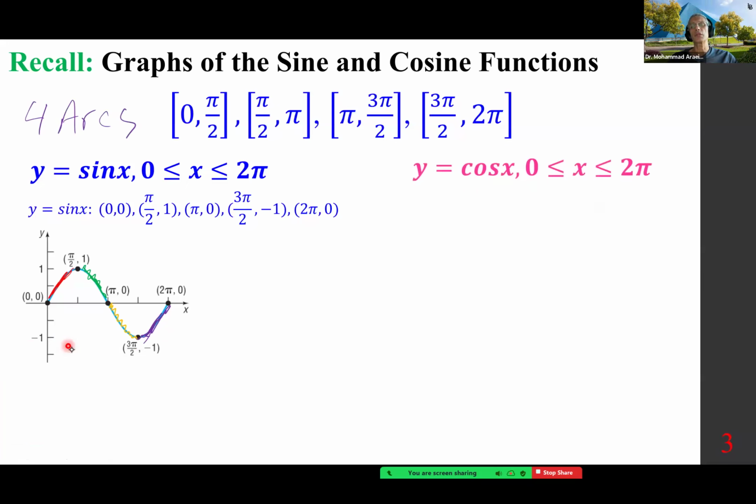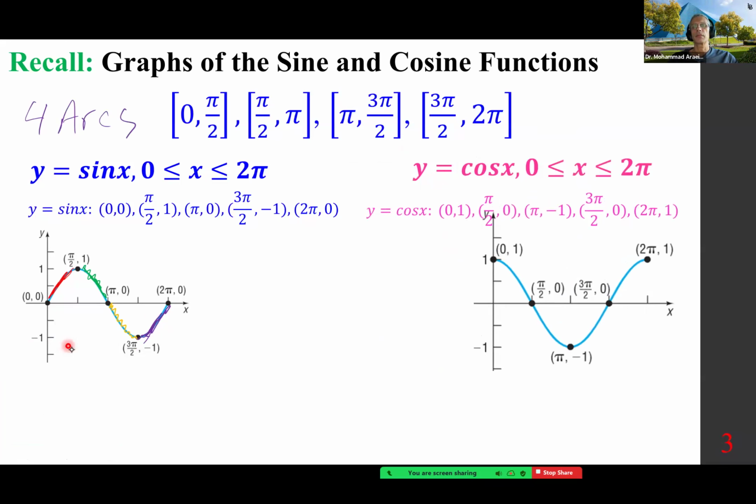We do the same thing for cosine, and it looks like that. 1, 2, 3, 4. We also noticed that sine and cosine are ultimately the same. If you move the graph of cosine by pi over 2 to the right, you obtain sine x.